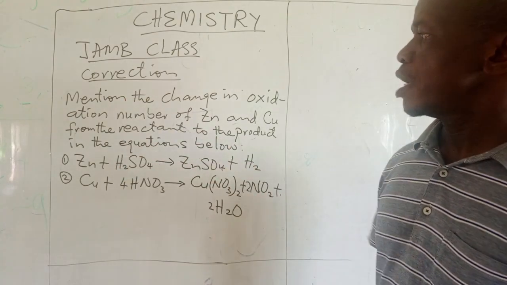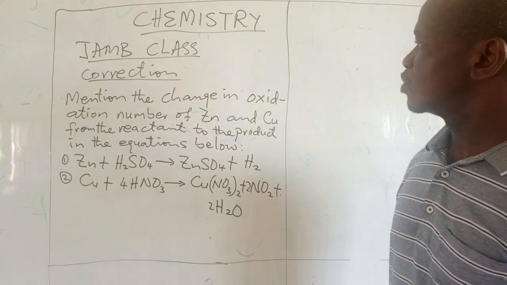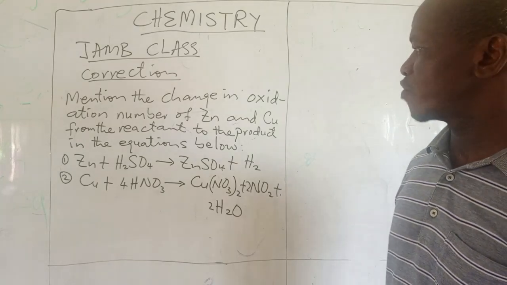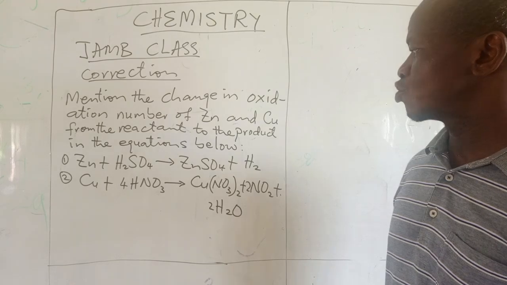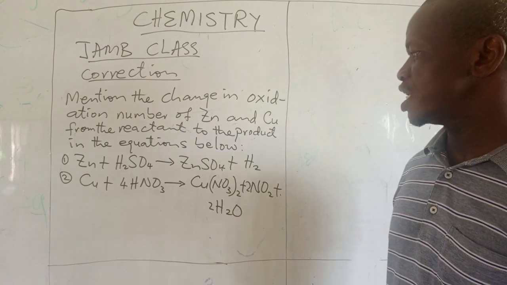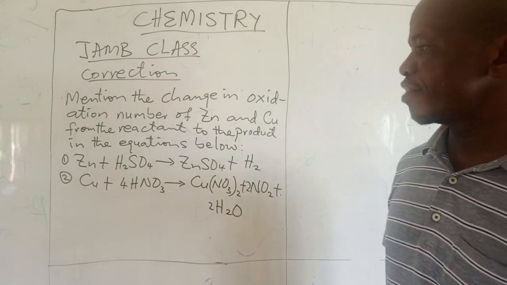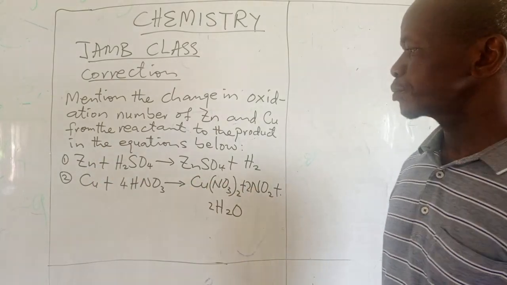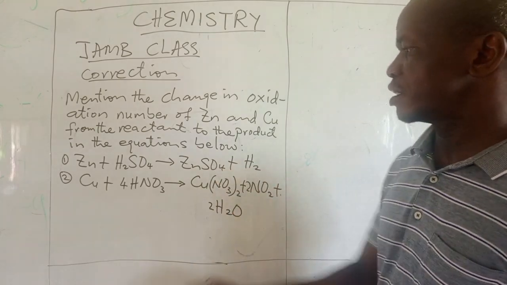So the question was, mention the change in oxidation number of zinc and copper from the reactant to the product in the equations below. The two equations are here. Equation 1, you can see zinc plus this to give you this and this.